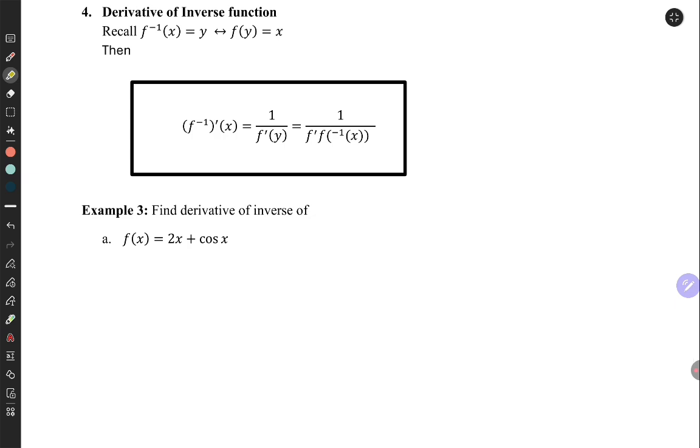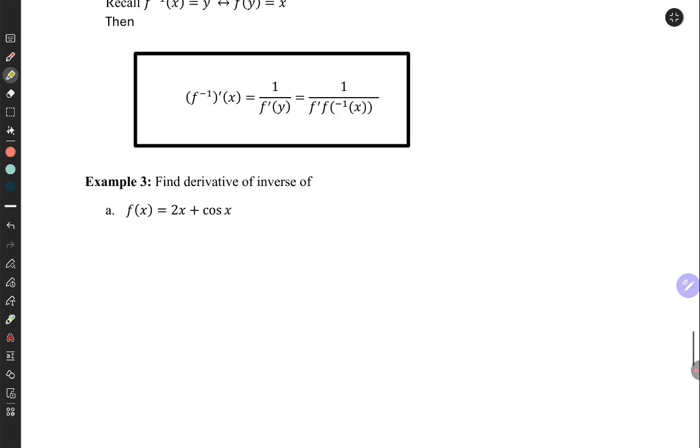This one has a typo, not really a typo, I'm missing something. When you do this problem, I'm going to ask you for the derivative at exactly 1 point.